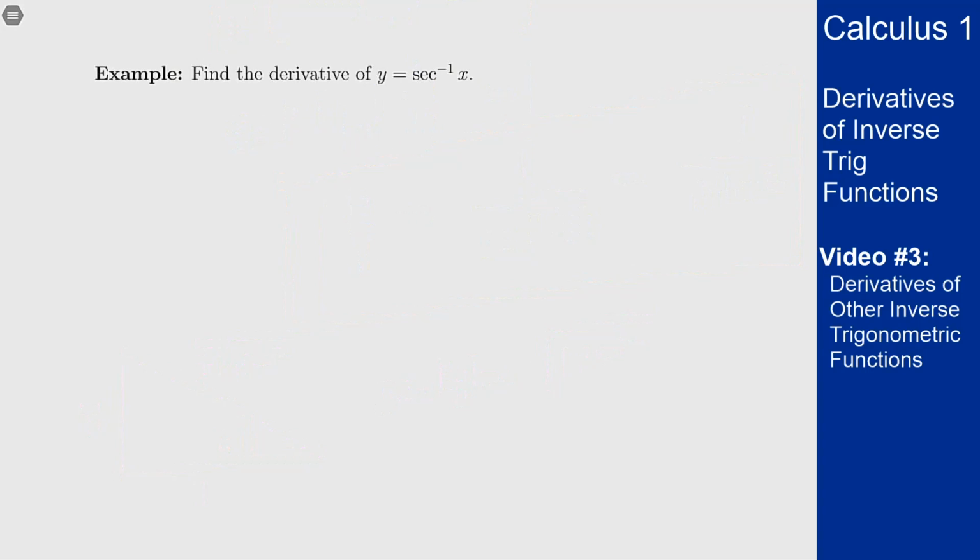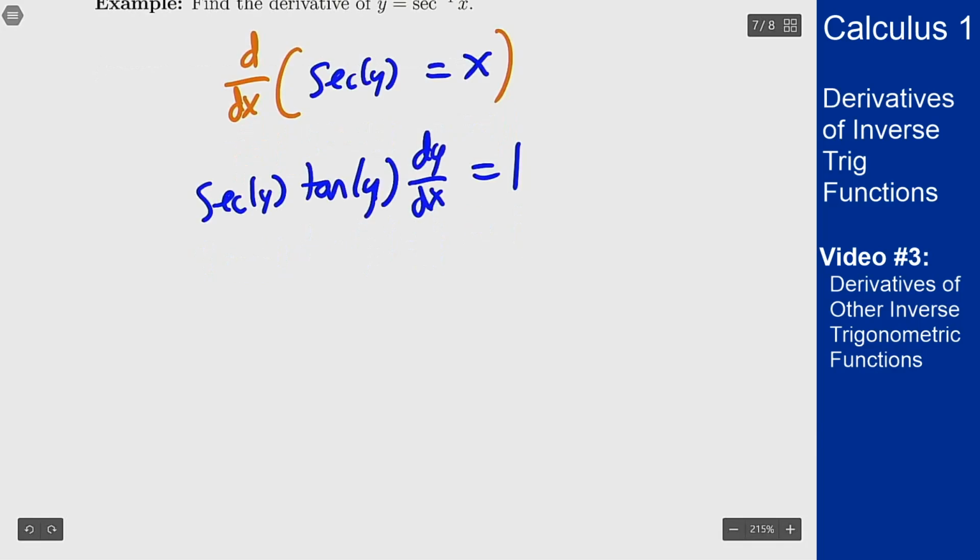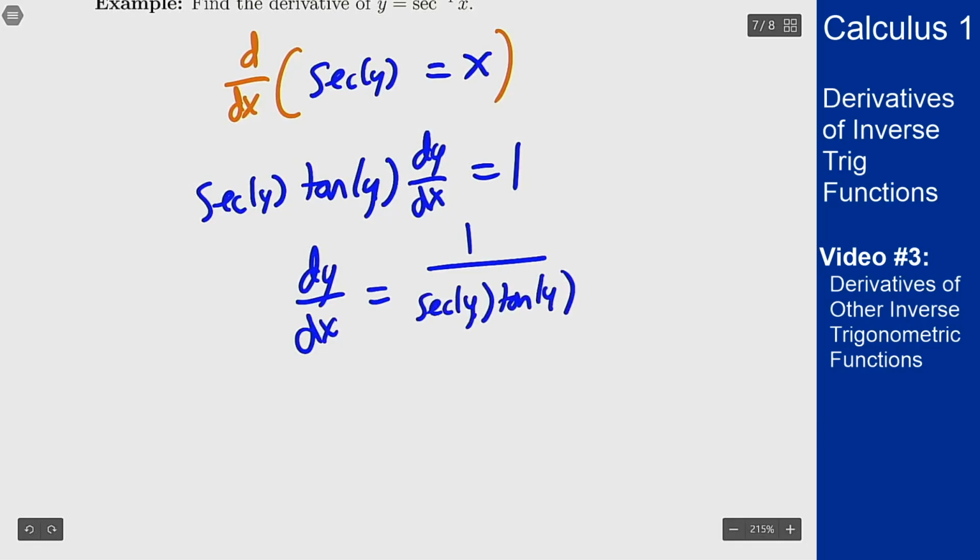We can do the same for secant. So in this case, secant of y equals x. Apply a derivative. The derivative of secant is secant tangent, so I get secant of y tangent of y times dy/dx equals 1. So dy/dx is 1 over secant of y tangent of y.